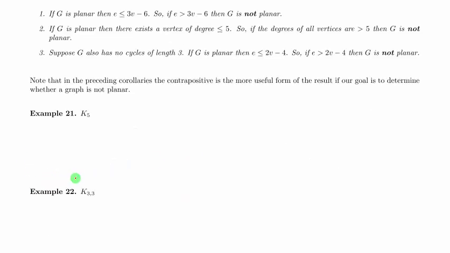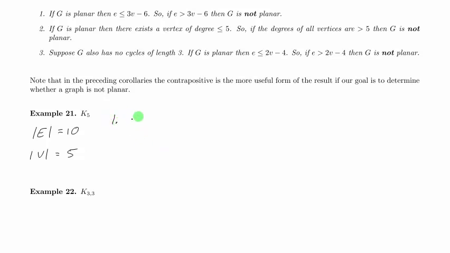So let's look at K5 and K3,3 and see if any part of that corollary will apply here. In K5, you can go through and count, but the total number of edges is equal to 10, and we have 5 vertices. It's a complete graph on 5 vertices. So let's go through each part of the corollary and see what we can say.